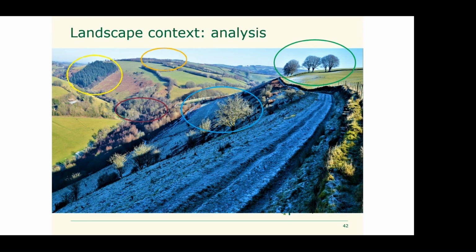And in the green ring, you've got open grown trees on a ridge. They're very much a prominent feature, and very much a distinctive characteristic of Exmoor. As is, in the blue ring, scrubby hawthorn and other shrubs colonising the steeper slopes that are also grazed, but they give quite a distinctive character, but also have their own significance for biodiversity.